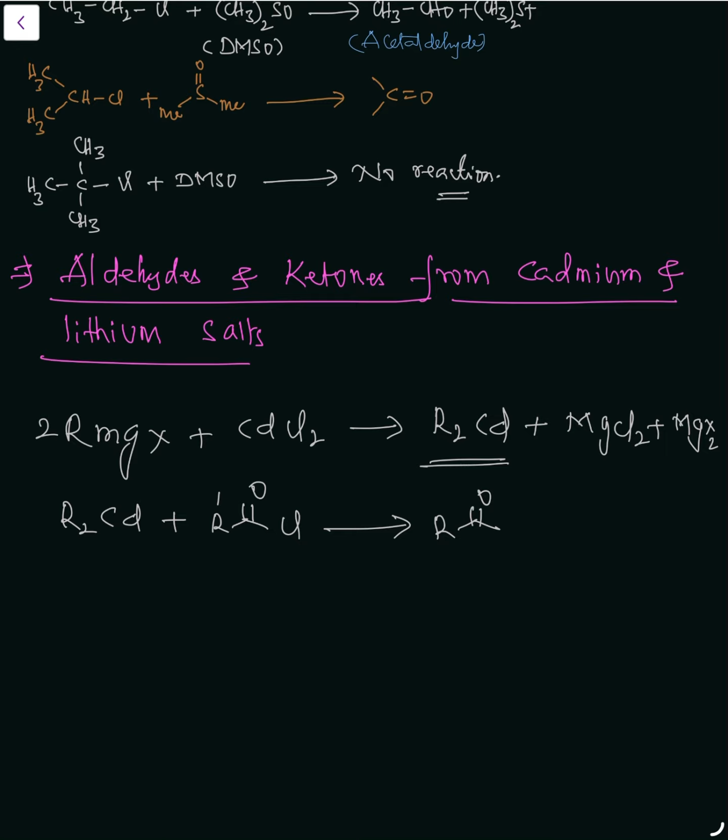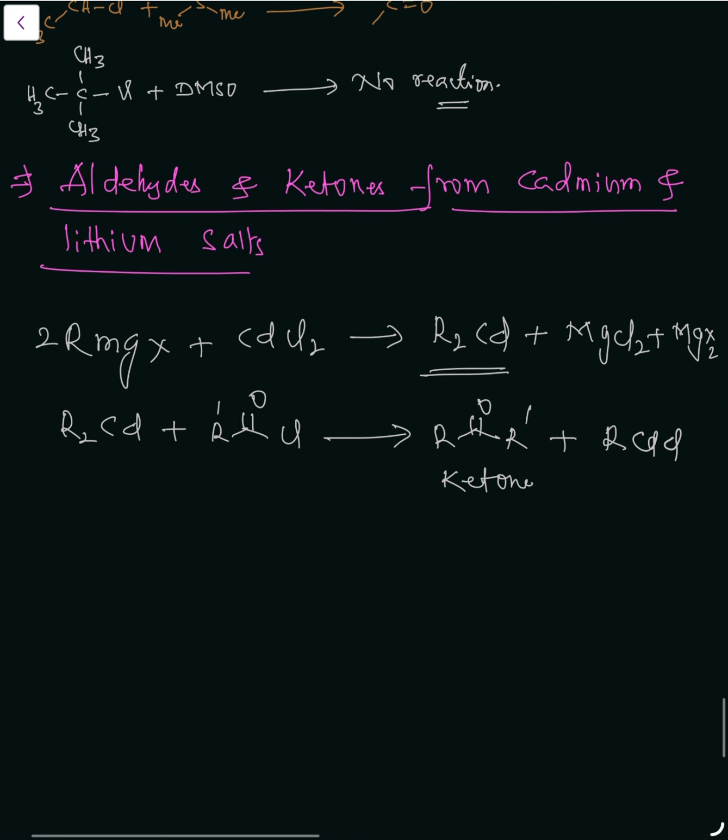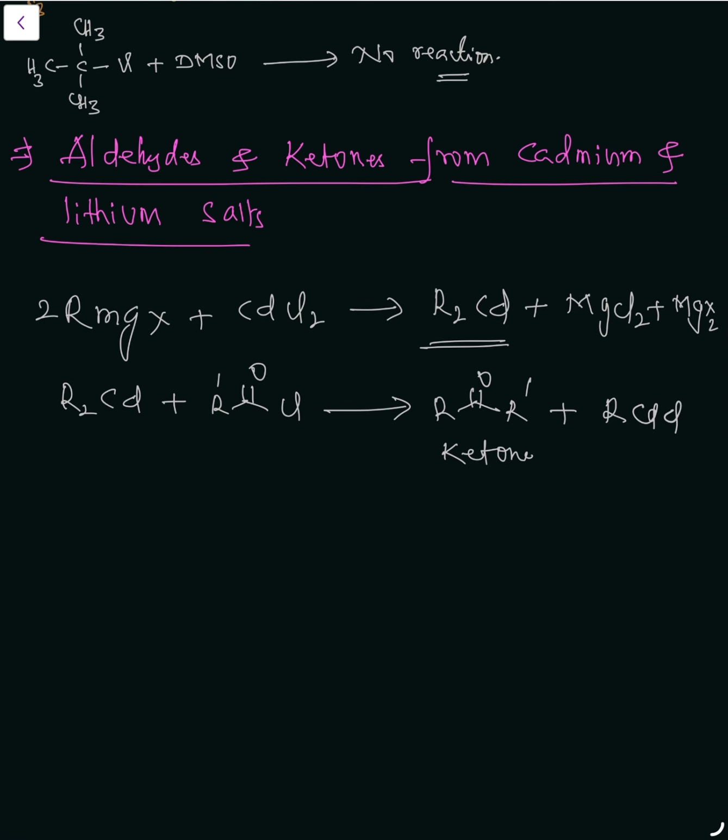For identification, I'll take R dash, then here R dash, plus RCdCl is formed. So this is the ketone. Got it? Right? So generally, we can also prepare aryl carbonyl compounds, right?